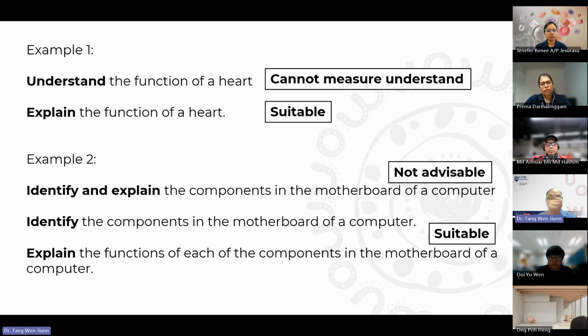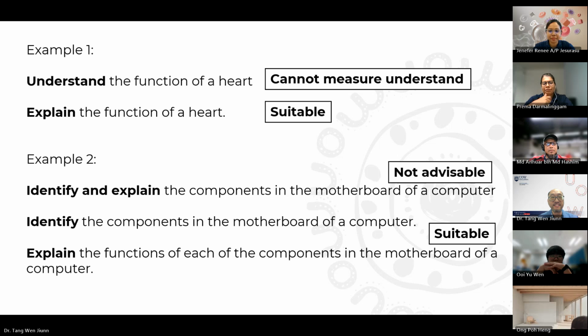So we are planning the lesson learning outcome. You put it as: understand the function of a heart. Is this a proper lesson learning outcome? What do you think? Understand the function of a heart.